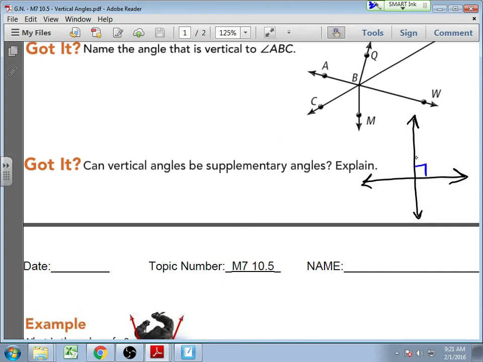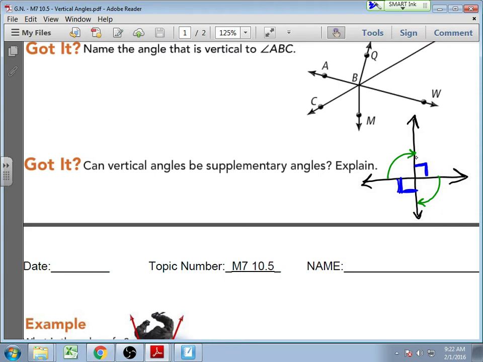I'm either going to label this angle and this angle to be vertical and supplementary, or this angle and this angle could be vertical and supplementary. But I could only use the green pair or the blue pair, because remember, they have to be opposite from each other. Vertical angles cannot be adjacent.